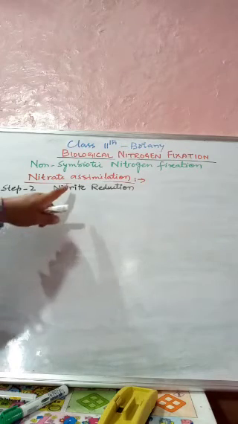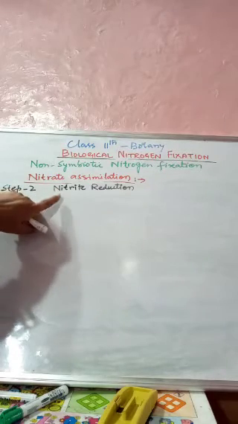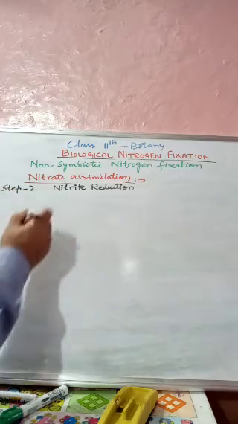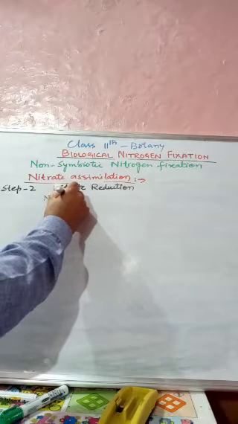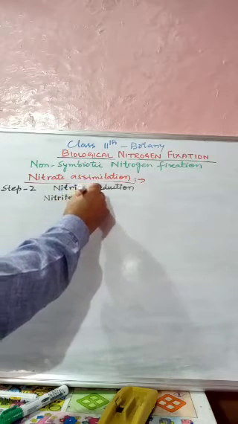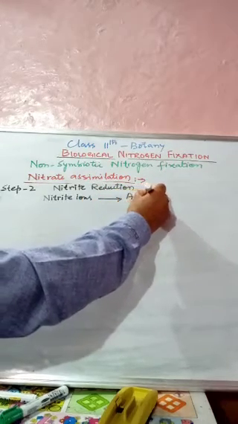The nitrite ions are reduced to ammonia by means of an enzyme, and what is the name of this enzyme?